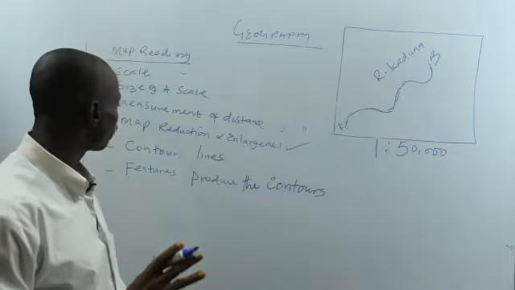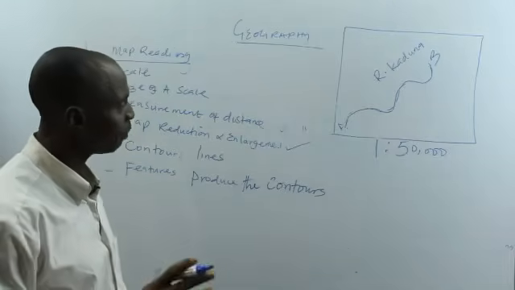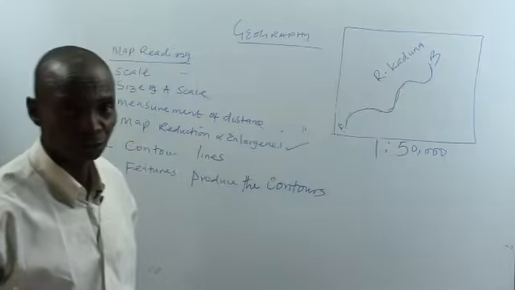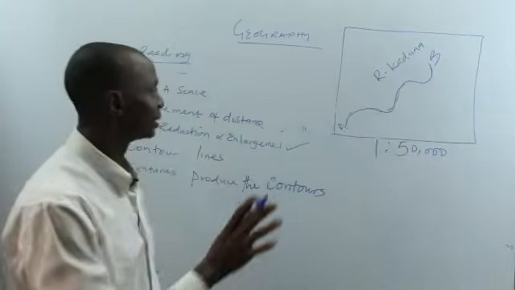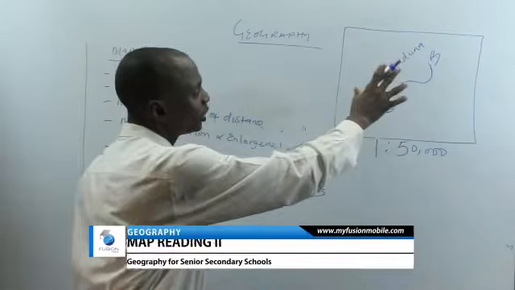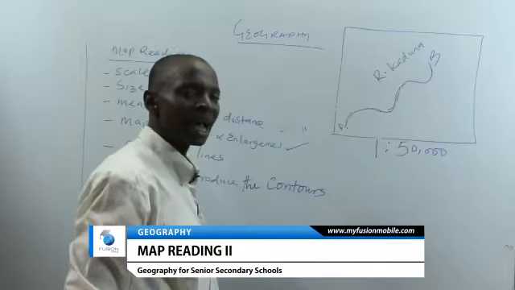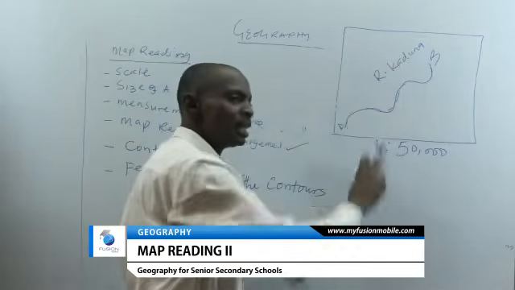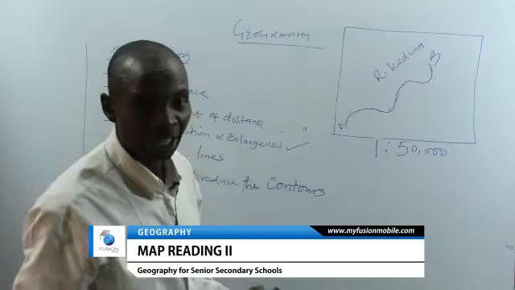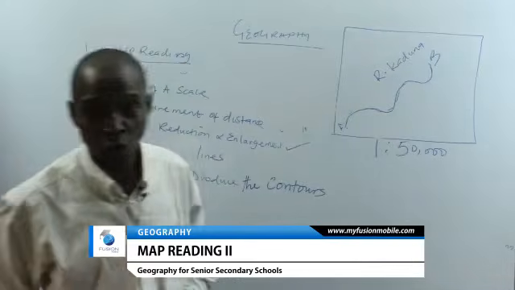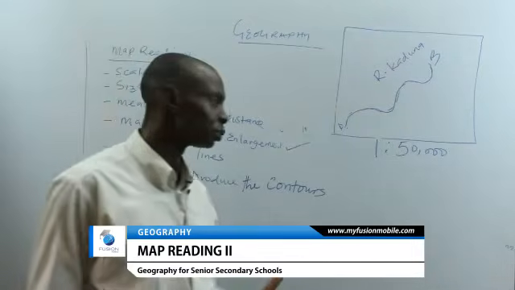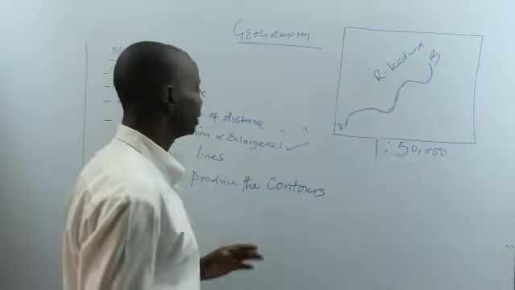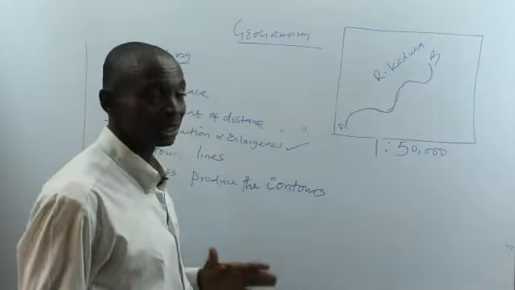The purpose of map reduction and map enlargement is that there are some features that are present on the map given, and they want you to reproduce these features in the map that you are going to copy or produce. So that is why the issue of map enlargement and map reduction is very important.